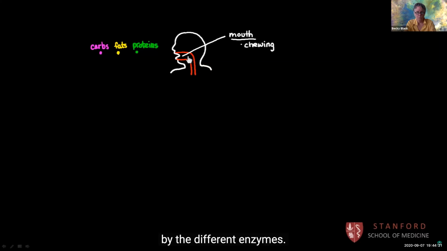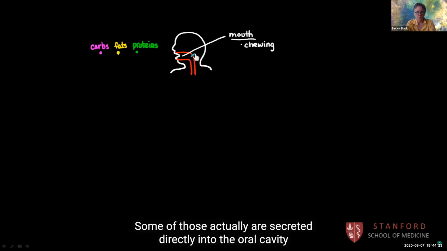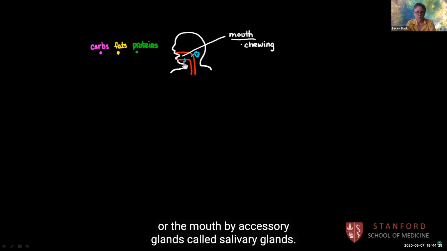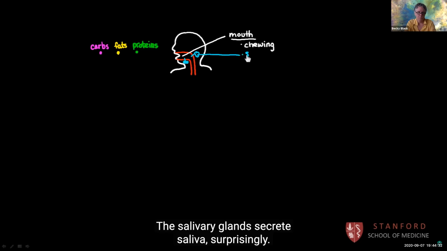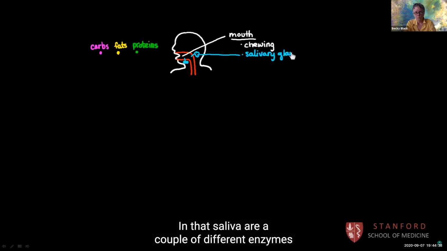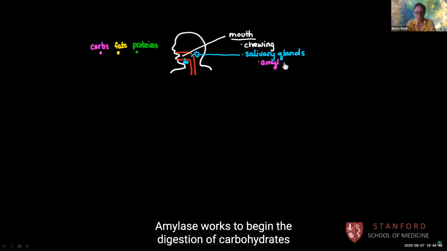And some of those enzymes are secreted directly into the oral cavity, or the mouth, by accessory glands called salivary glands. And the salivary glands secrete saliva, surprisingly. And in that saliva are a couple of different enzymes, and I'm going to color code the enzymes as well. So the first enzyme that's in the saliva is called amylase, and amylase works to begin the digestion of carbohydrates.